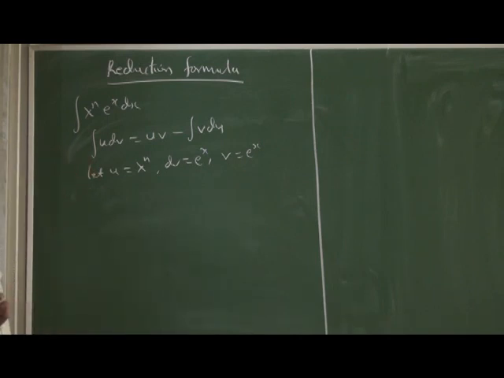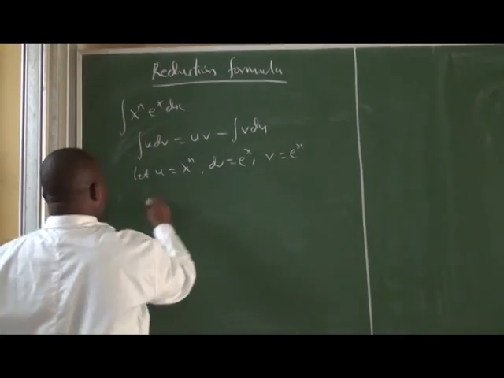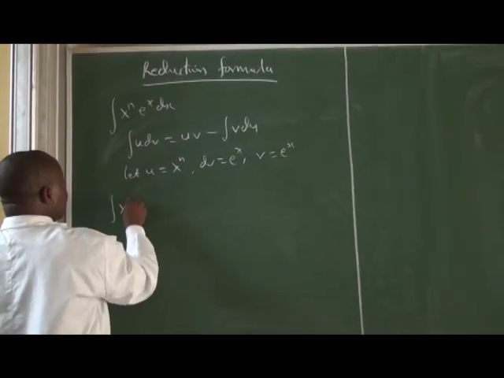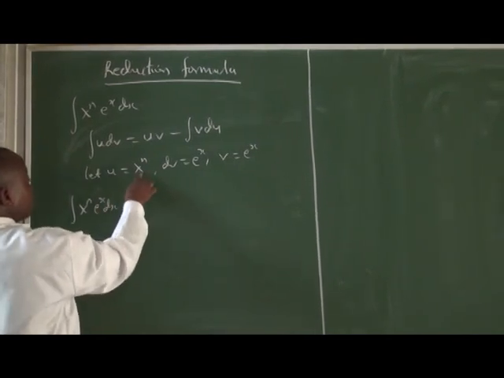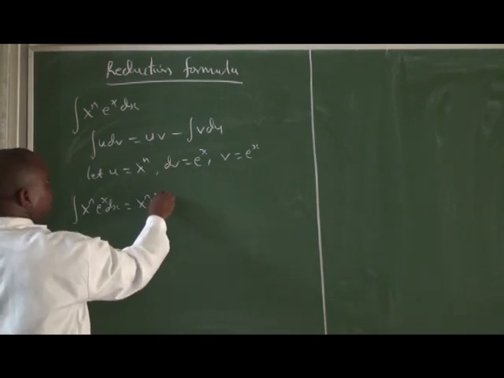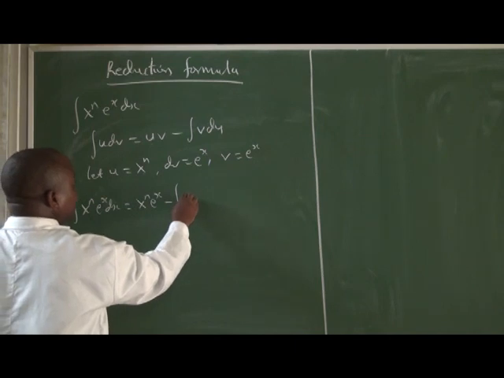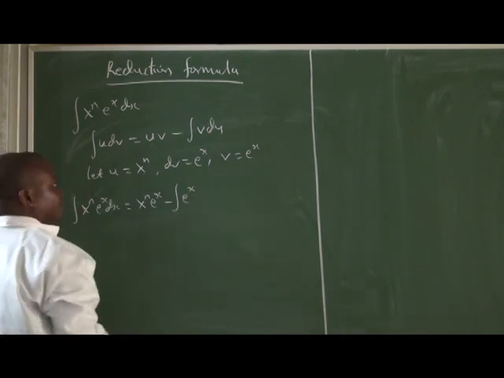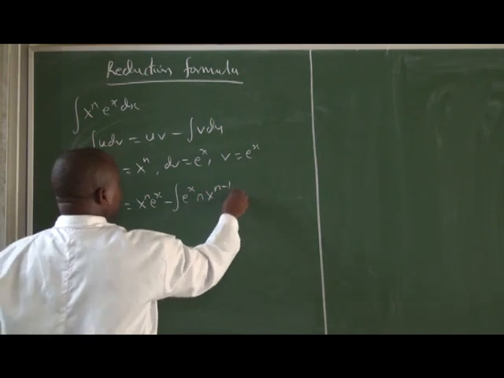So if I substitute this in the formula, I will have that the integral of x^n exponential x dx will be equal to x^n times exponential x, minus the integral of v, which is exponential x, times du, which is n x^(n-1) dx.